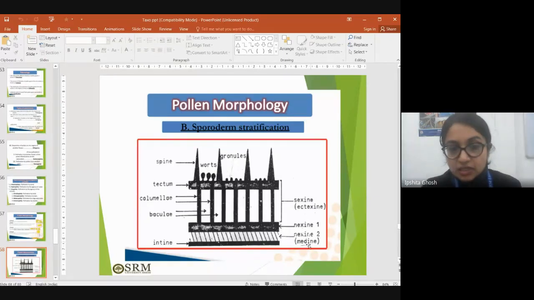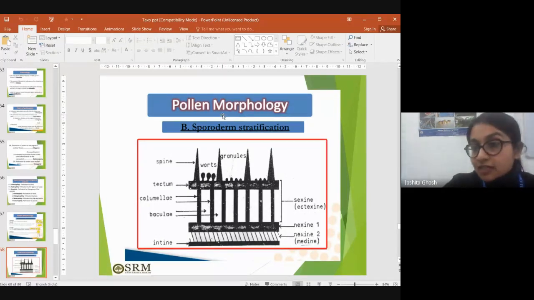When you see it with your naked eye, you can hardly observe that there are structures present on pollen. But if you perform a microscopic examination, you would see that pollens have beautiful architectures, and they are very specific to certain plant families, based on which you can identify plants better.